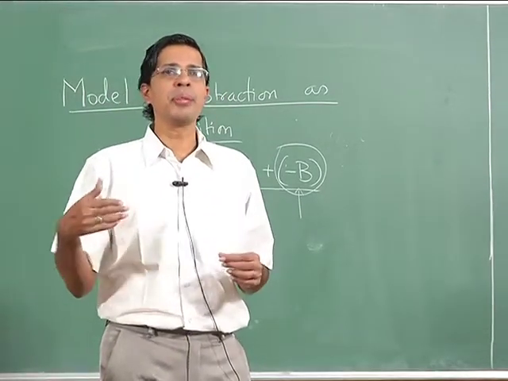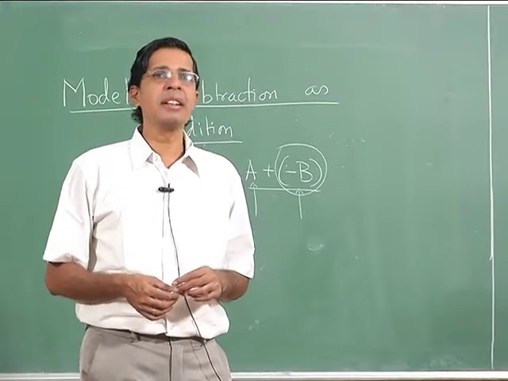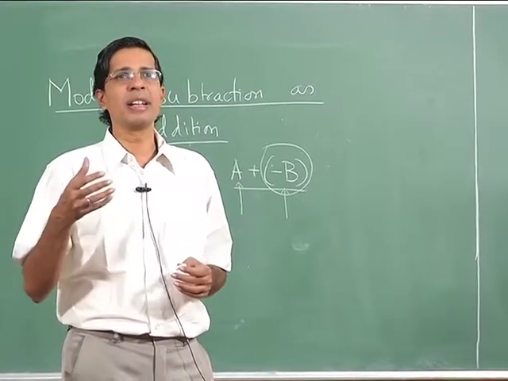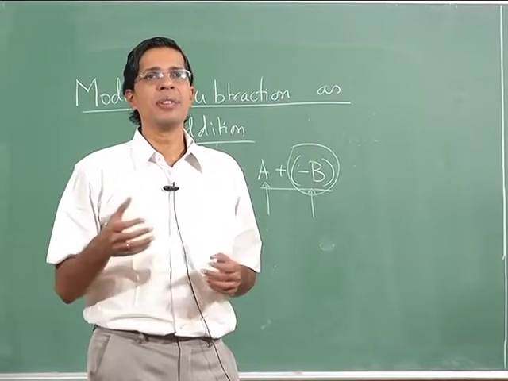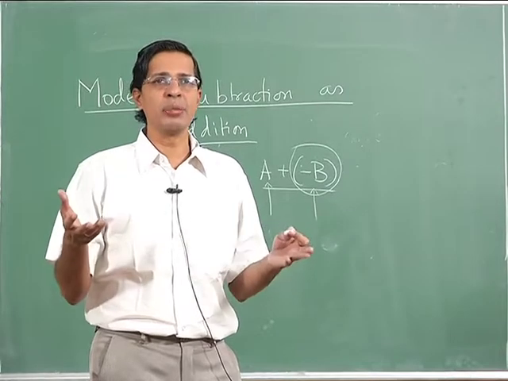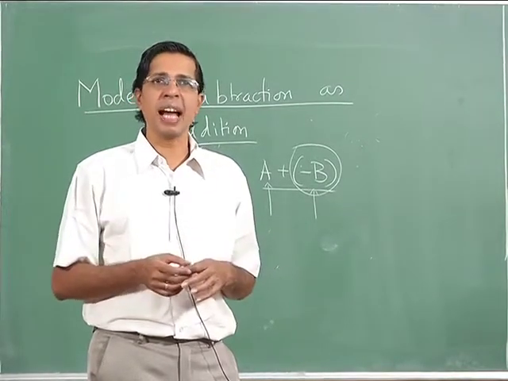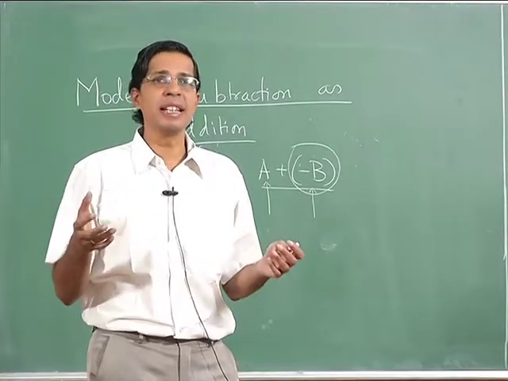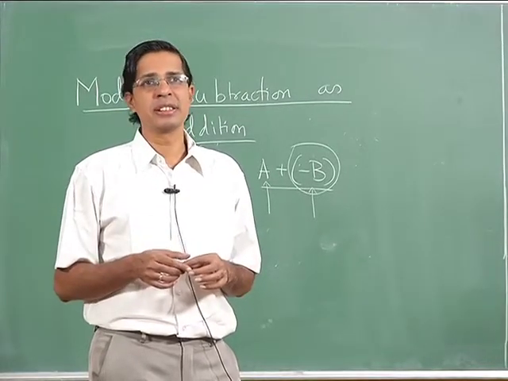The necessity comes from the hardware, as I will repeat again, because there is nothing called a subtractor, everything is addition. Whatever two numbers we give to the adder and say add, it will look at them as unsigned numbers and perform the addition.